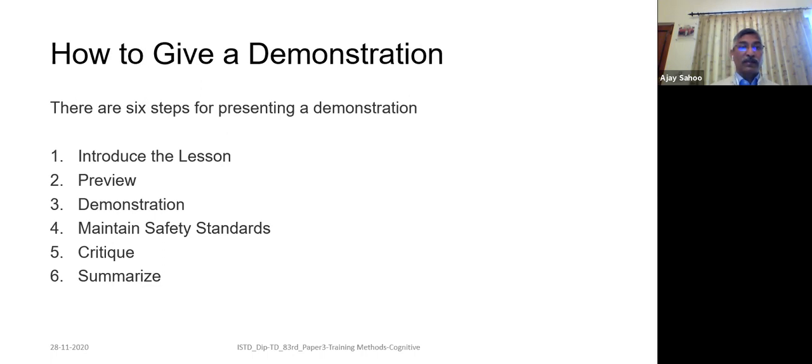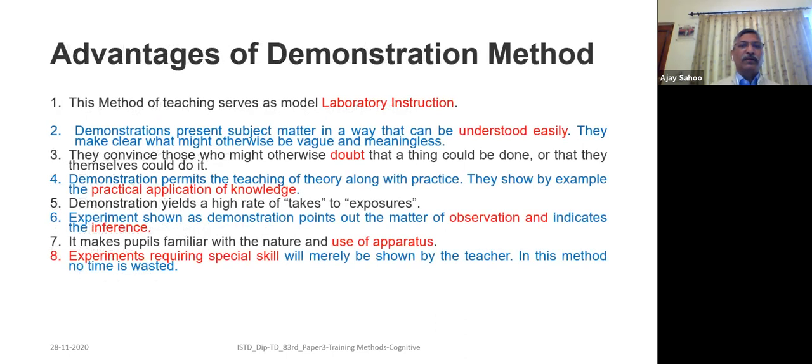Then the critic is basically to tell the student what has gone wrong, or whether it is the right way of doing it. So that's the critic. Then summarize. It gets all the 5 steps together, and a discussion takes place. That's the debriefing part.